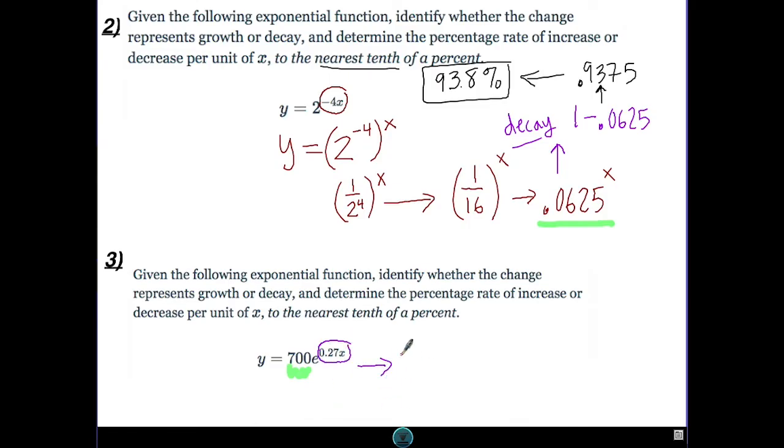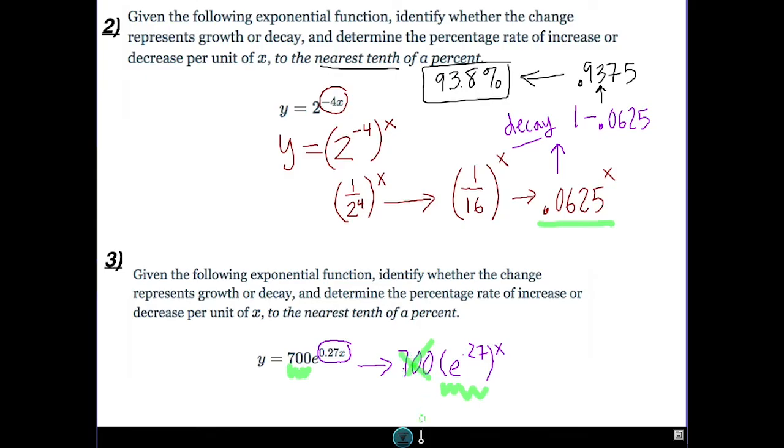So this is going to be 700, and let's use some parentheses here, e to the power of 0.27, and we'll separate the exponent here. The reason we want to do that is now our base is right here. The 700 is not the base, so we don't really want to look at that. We just want to look at that e to the power of 0.27.